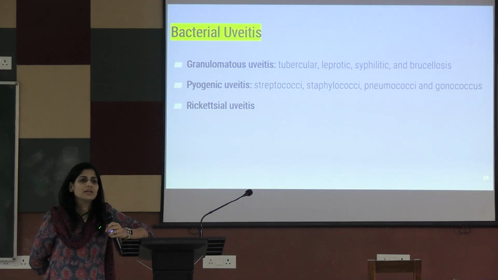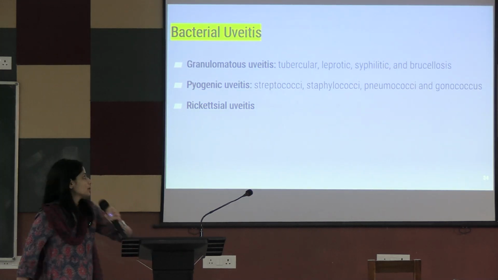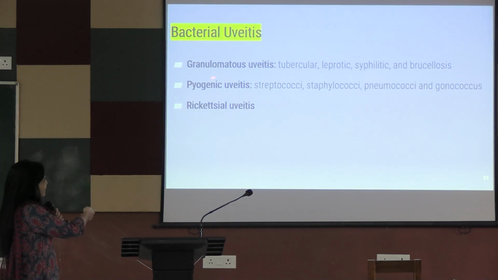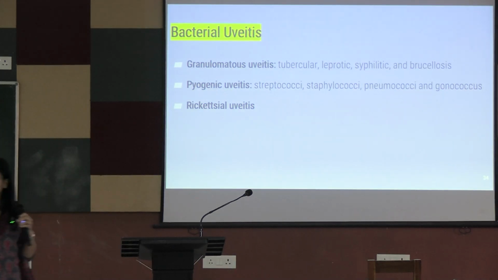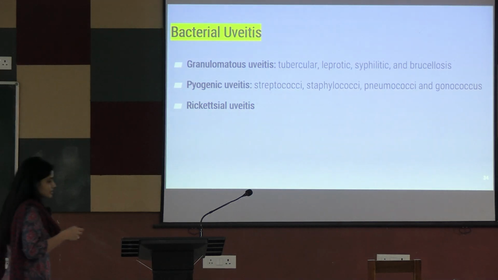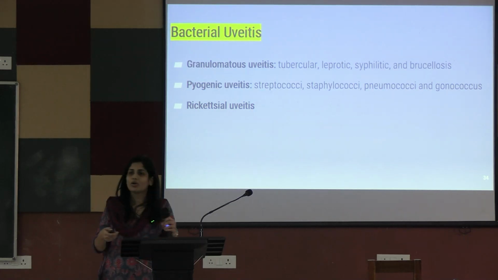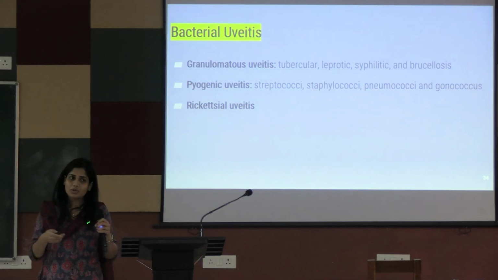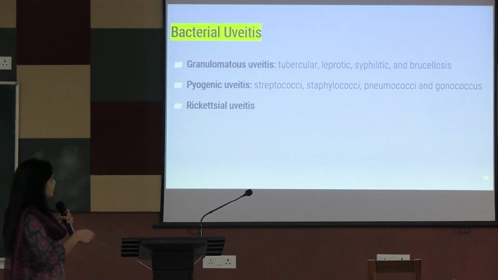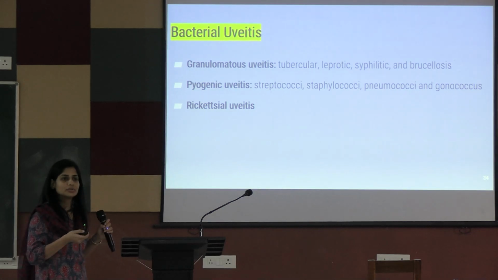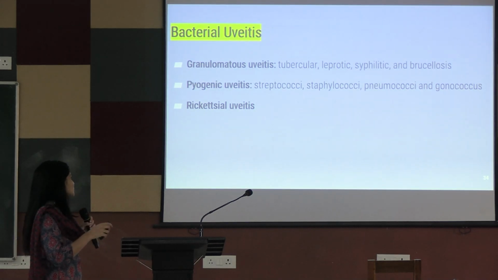Infection of the iris, ciliary body and surrounding tissues. Then you can see granulomatous uveitis: tubercular, leprotic, syphilitic, brucellosis. Wherever there are granulomas involved, all the internal eye parts will be involved. Then pyogenic uveitis relates to all the common bacteria that we come across in daily life. What are these? Again, Staphylococcus in the first number, Streptococcus and pneumococci or even Pseudomonas.